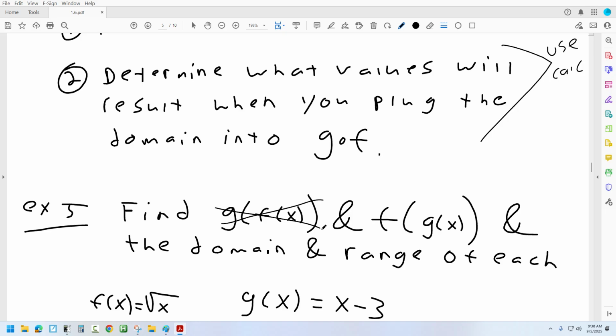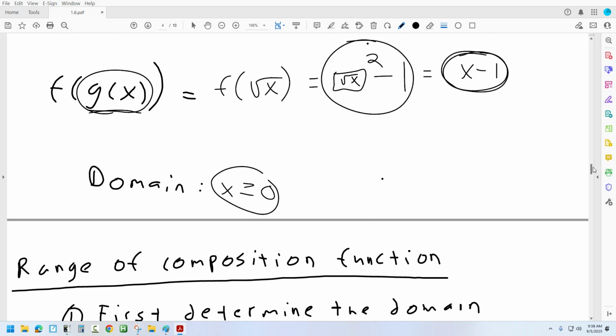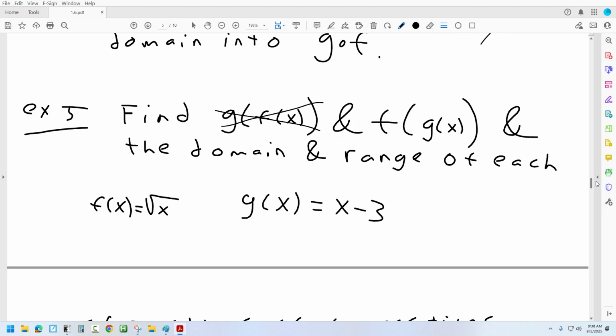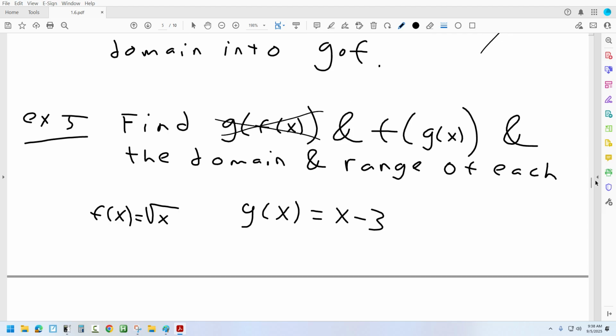Okay, so first step, find the composed function. Then analyze it to get the domain and the range. All right. Anyone think they can tell me the final answer for f of g of x?